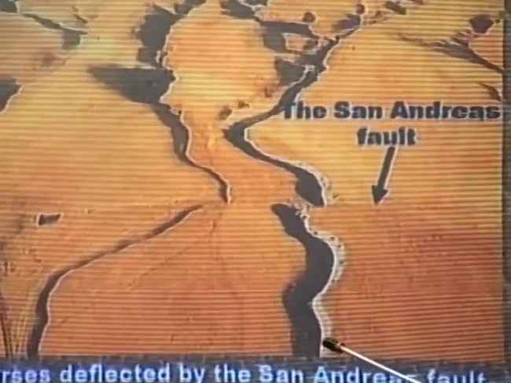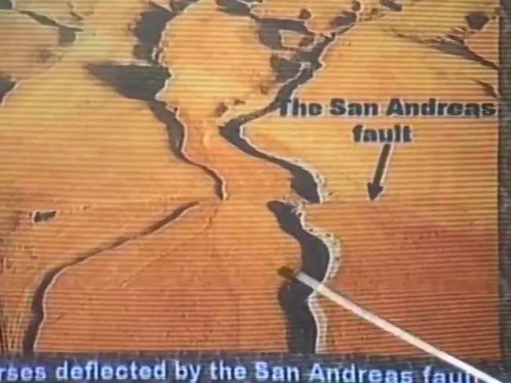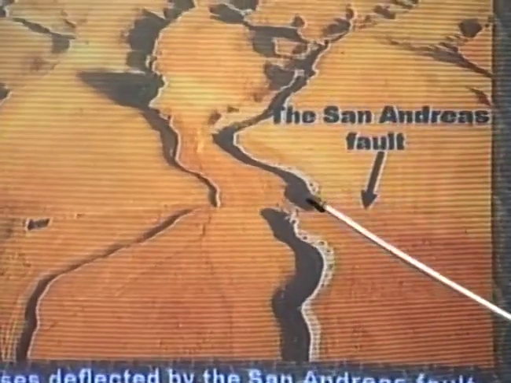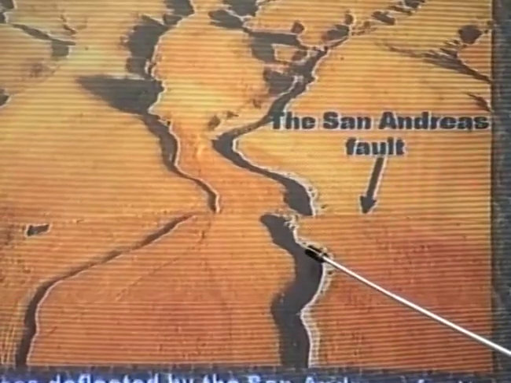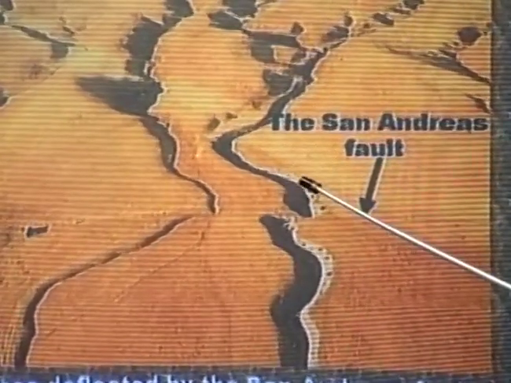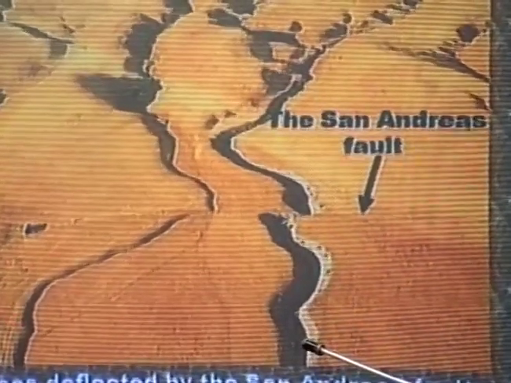So evidence that the plates are actually moving is seen by looking at the streams that cross that particular fault, the San Andreas Fault. If you look at this stream here, you can see the displacement. It's supposed to connect with this one here.